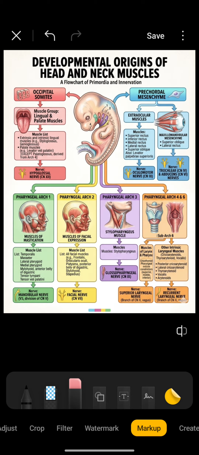From each pharyngeal arch a structure develops: one nerve, one artery, and skeletal elements and muscles. So 4 components develop from one arch. So let's begin with it.